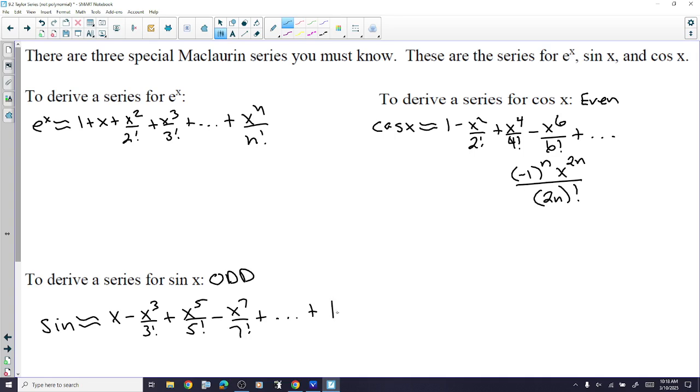So that's going to be negative 1, should we start with 1? Why not? To the n plus 1, x to the 2n minus 1 over 2n minus 1 factorial.